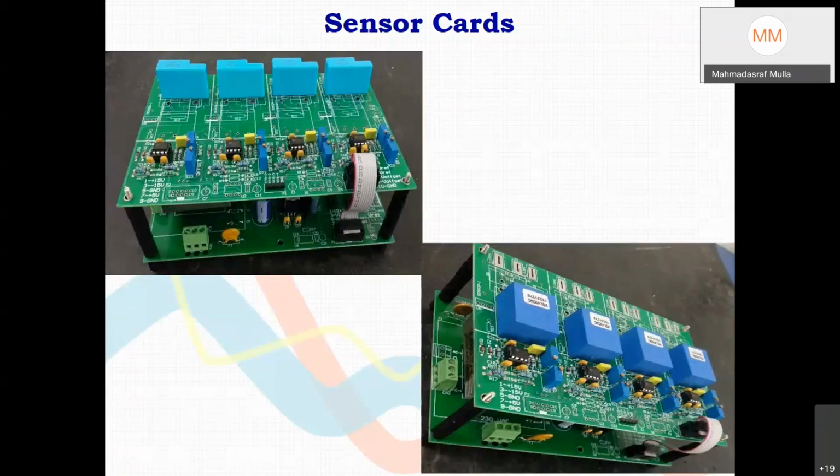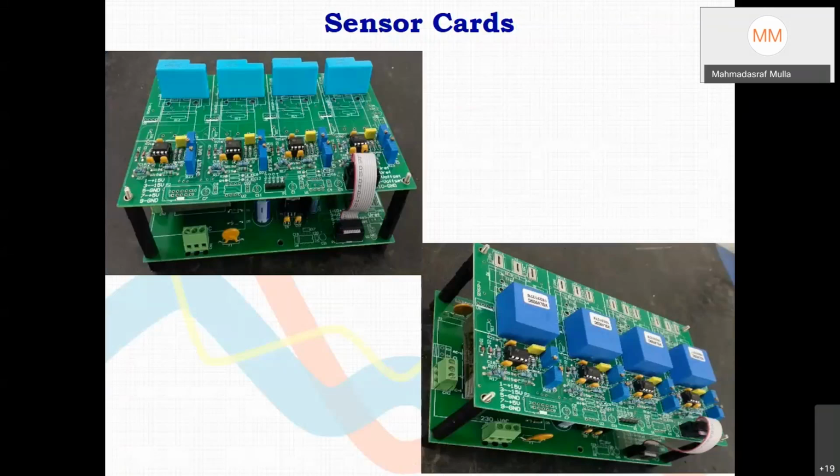The second entity you will need is a sensor card. We need to sense voltage and current here. Voltage can be AC or DC. This whole voltage sensor and current sensor card we have utilized in this development, maybe 25 ampere current. Now the microcontroller works with 3.3 volts. Its ADC reference is also 3.3 volts. So you cannot give a signal higher than 3.3 volts.